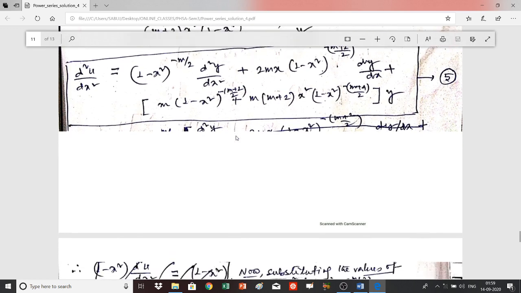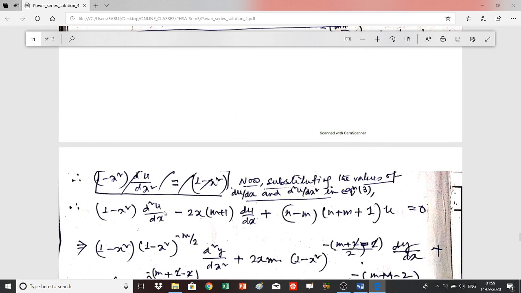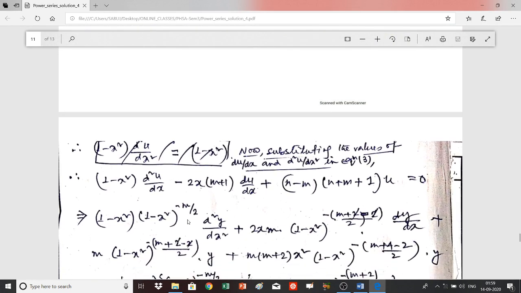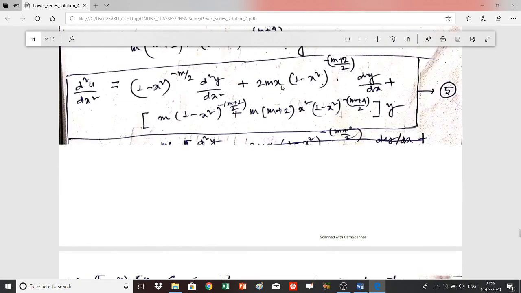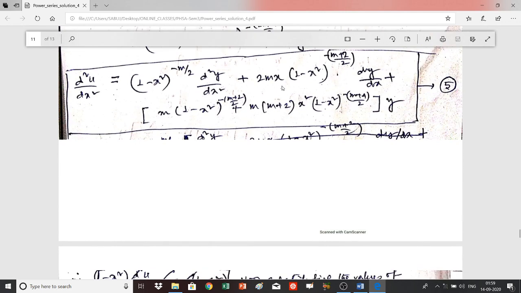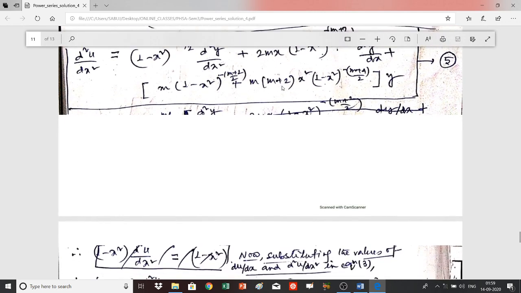That will give you (1 minus x square) d2u by dx square minus 2x into (m plus 1), then (1 minus x square) to the power minus m by 2 d2y by dx square, plus the next term, 2mx (1 minus x square) to the power minus (m plus 2) by 2 dy by dx.